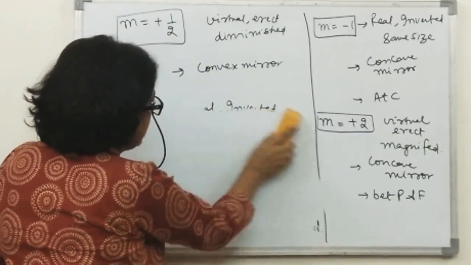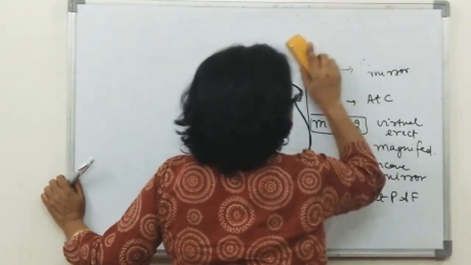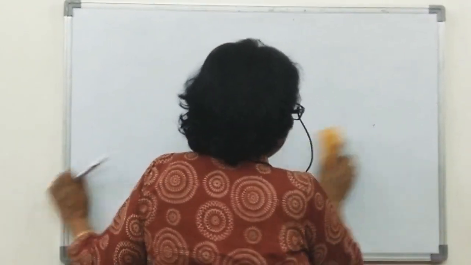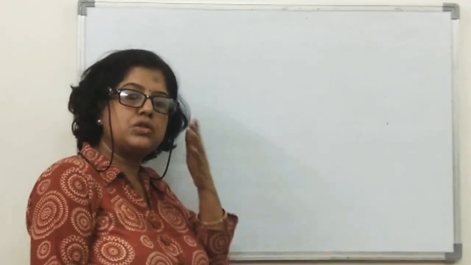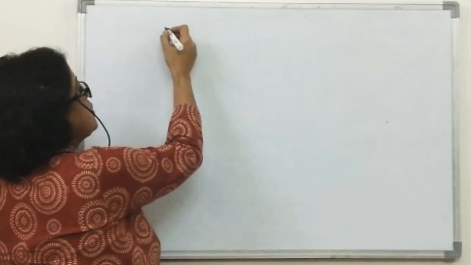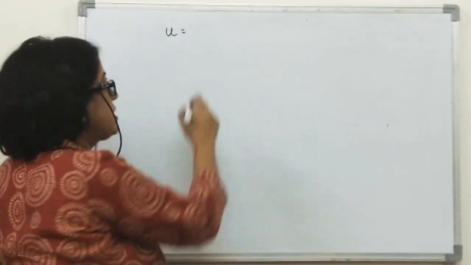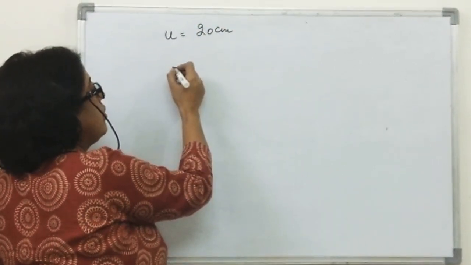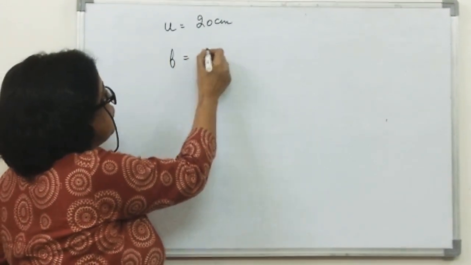Let's do a small question, a very simple question, to understand how we solve the numericals. Let's say that an object is placed at a distance of 20 centimeter from a concave mirror of focal length 15 centimeter.